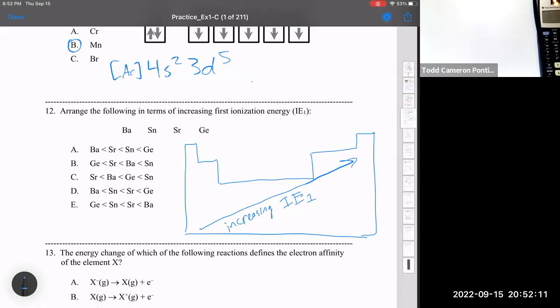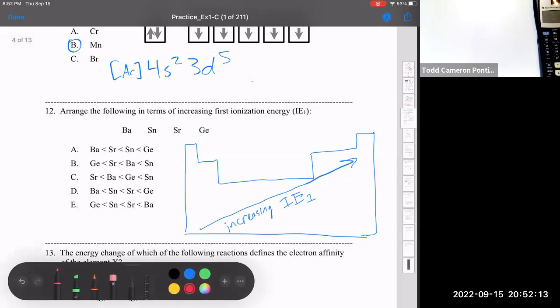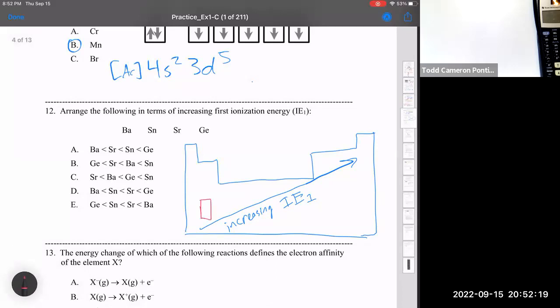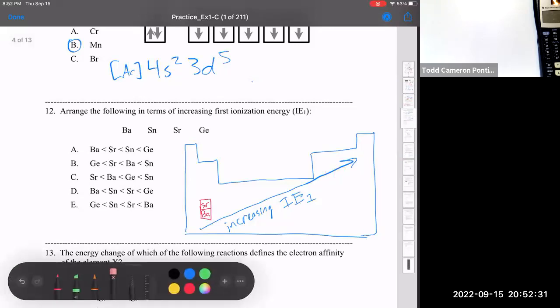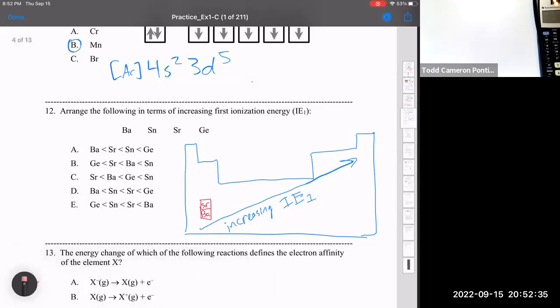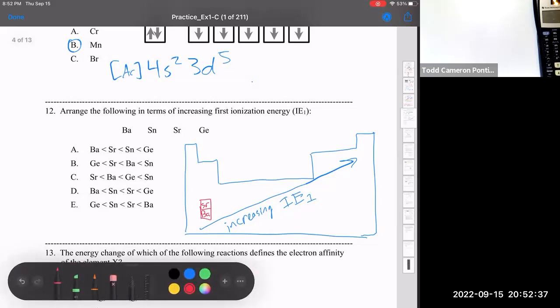With this particular example, we have barium and strontium, and then tin and germanium, which are right in here.